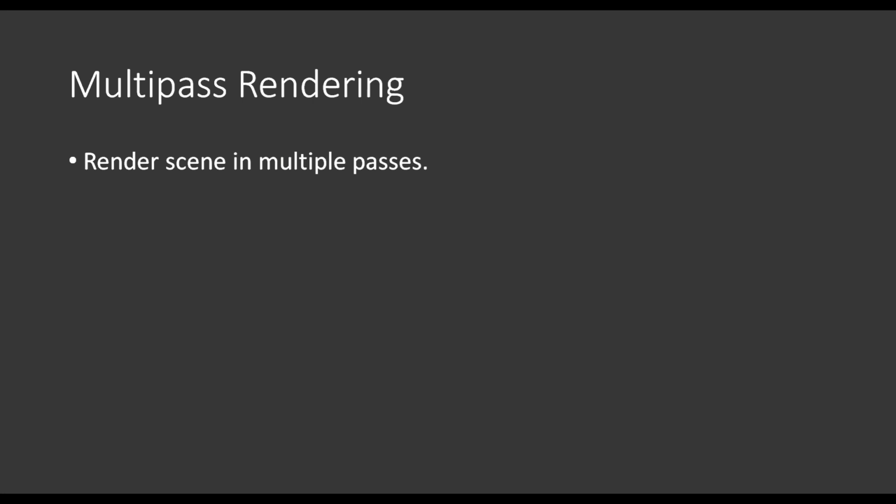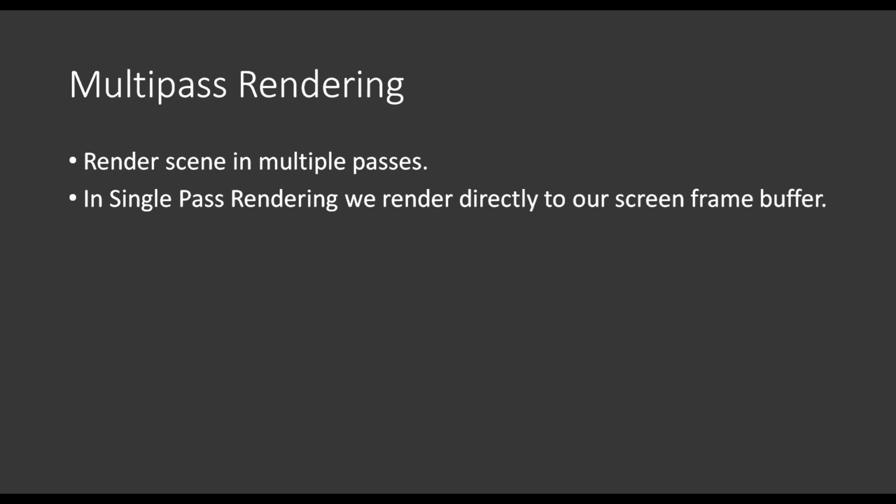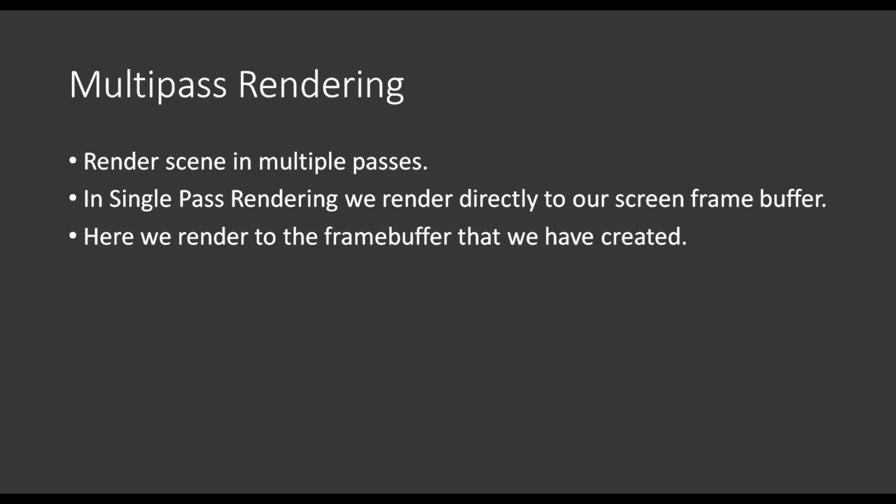As the name suggests, the idea is to render a frame in multiple passes. But what is a render pass? Simple answer is, a render pass is a process of rendering elements of your scene, or your entire scene, to a buffer. Under normal circumstances, or in single pass rendering, your target buffer is the screen buffer.